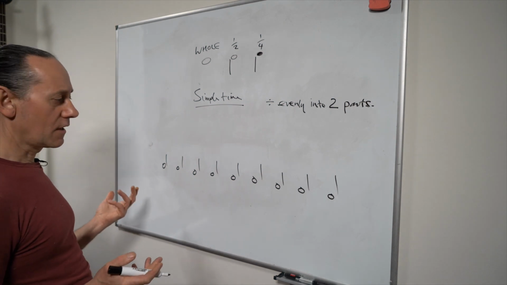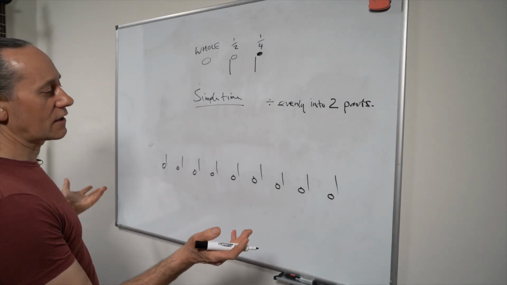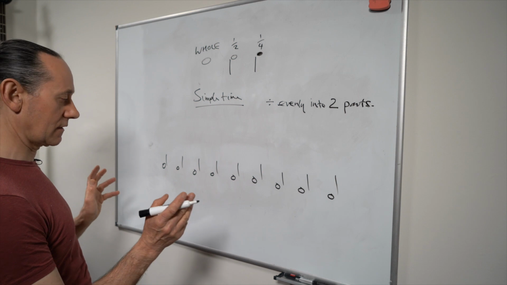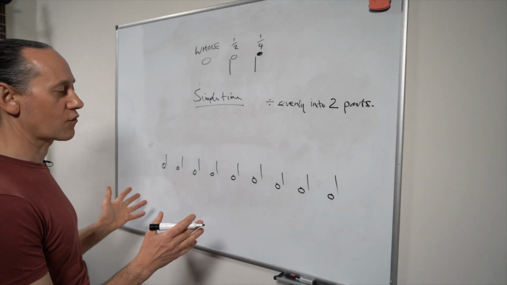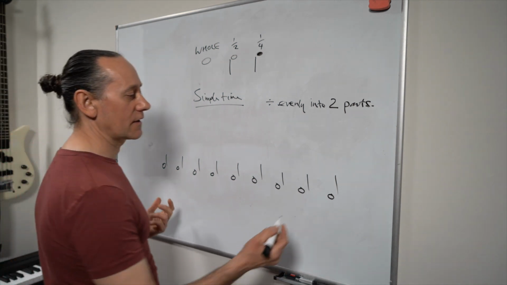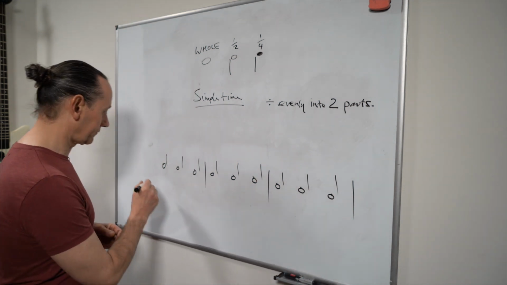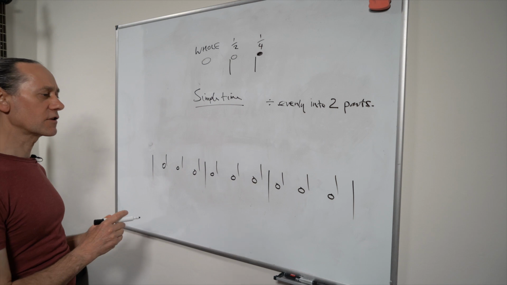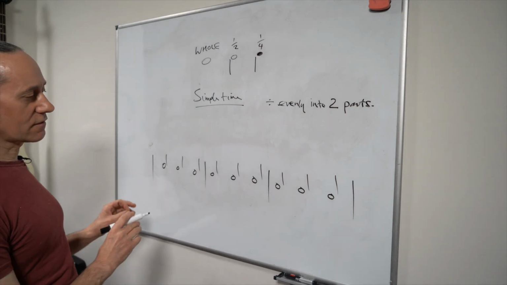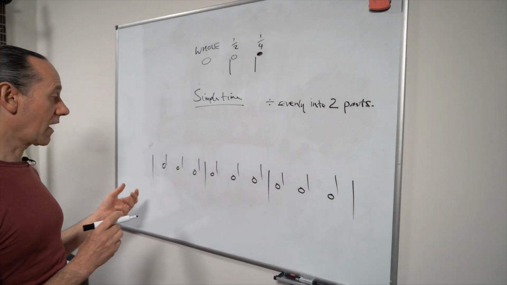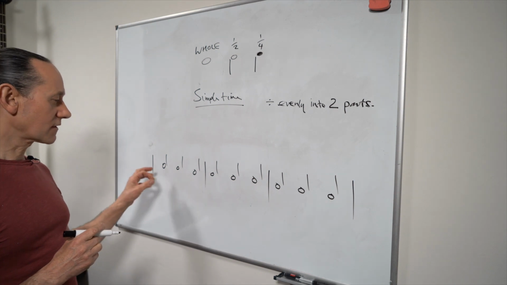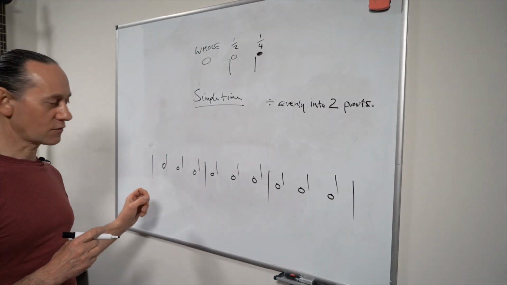But in music, we can't write quite so freely because it's going to be difficult to keep track of where we are. So we use bar lines to contain our rhythmic ideas. And as soon as I do that, it's a bit easier to deal with. It's easier on the eye. And there's a subtle difference in how that sounds as well.